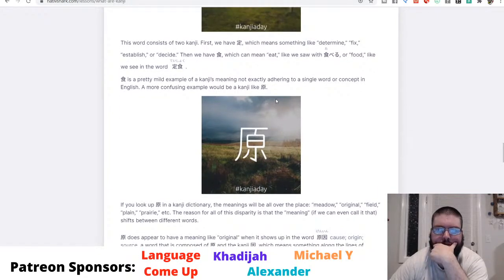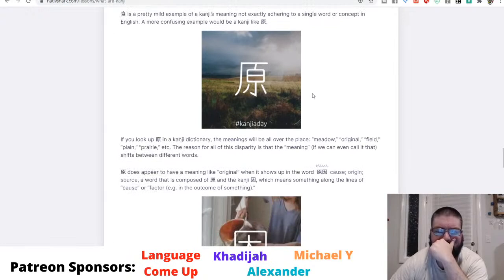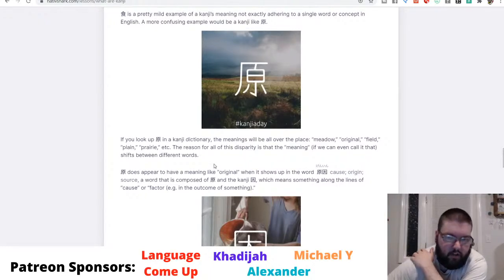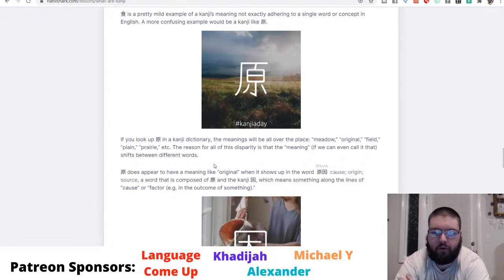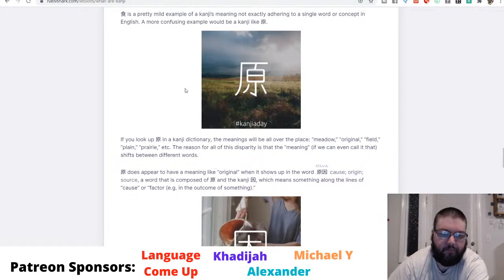A more confusing example would be a kanji like this one. If you look up the kanji in a kanji dictionary, the meaning will be all over the place: meadow, original, field, plain, prairie, etc. The reason for all this disparity is that the meaning, if we can even call it that, shifts between different words.